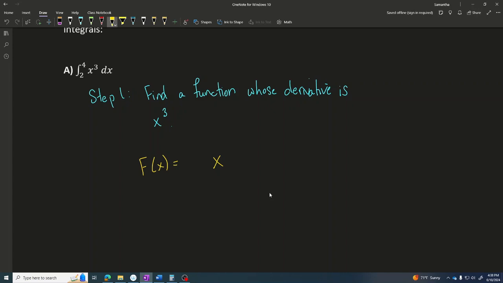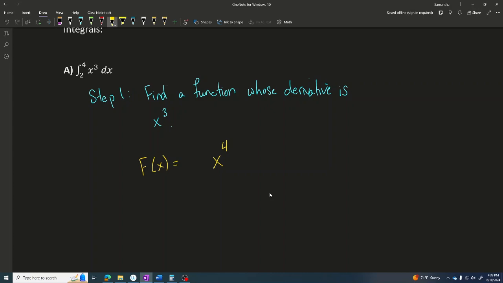Well, if I have an x to the 4th at the start, and I take the derivative, then the power will decrease from 4 down to 3. So that's off to a good start. If I have an x to the 4th here, and I take the derivative, I have an x to the 3 in there.